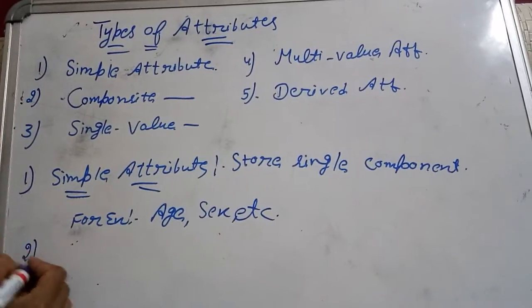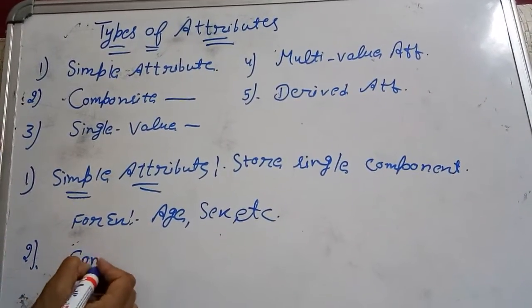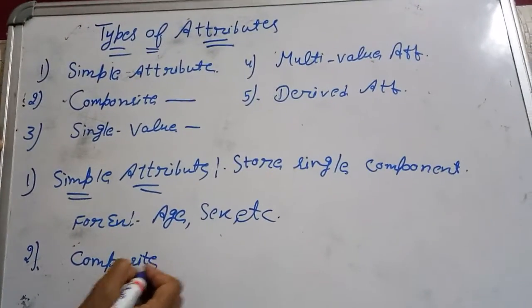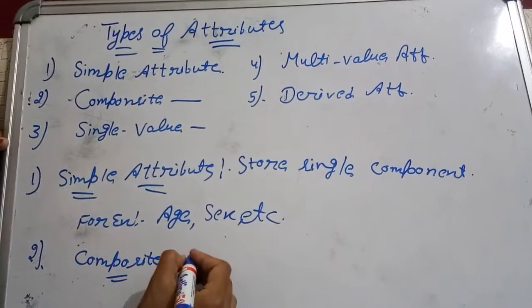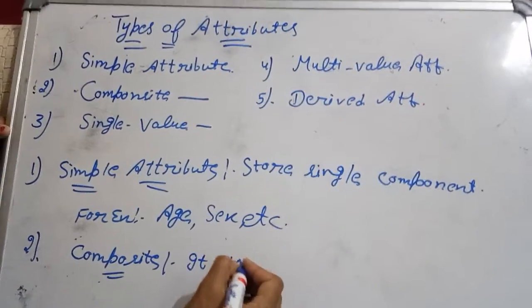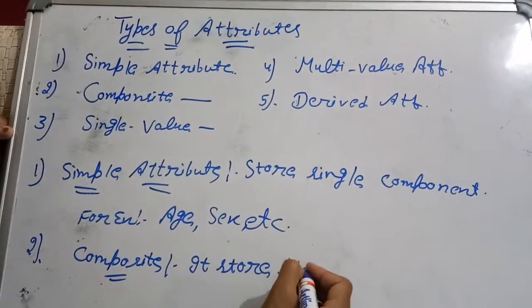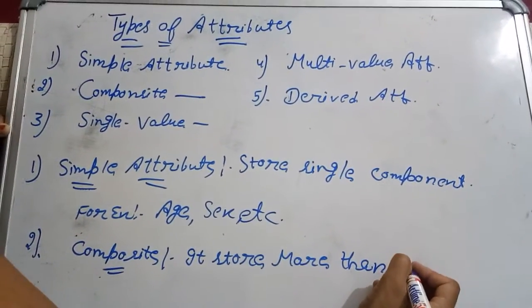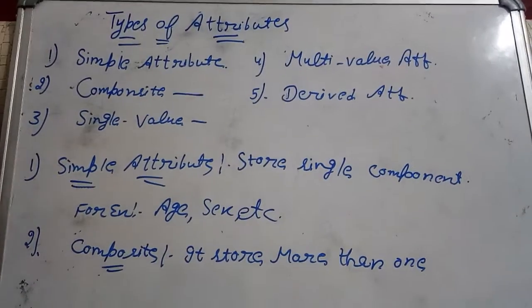The second attribute is composite attribute. What is a composite attribute? It stores more than one component.